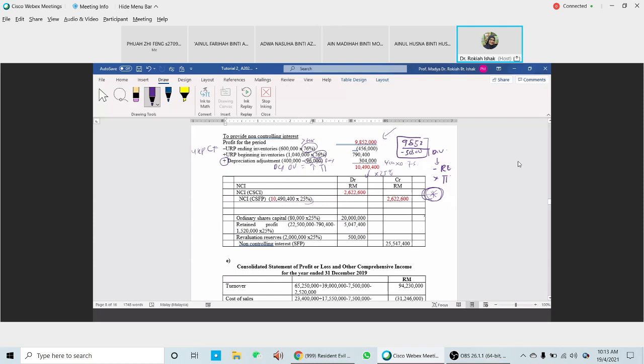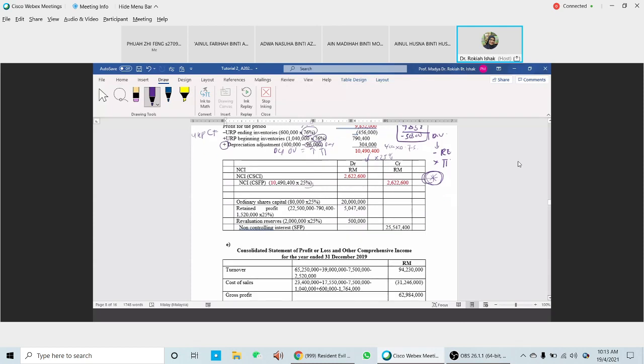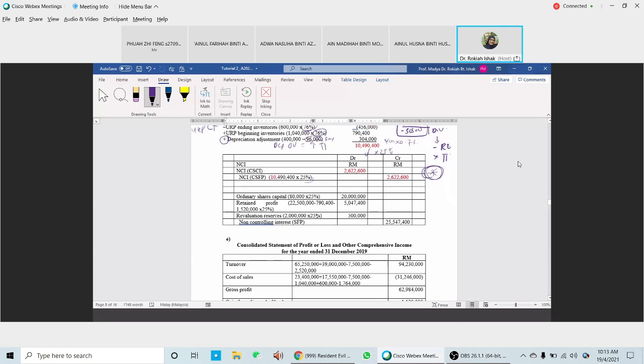Okay, the next one is the NCI share of net assets. For the net assets, you have the share capital, 80 million, times 25%. Then you have retained profit of 22,500, minus the retained profit brought forward, 790, which is the URP already recognized here.